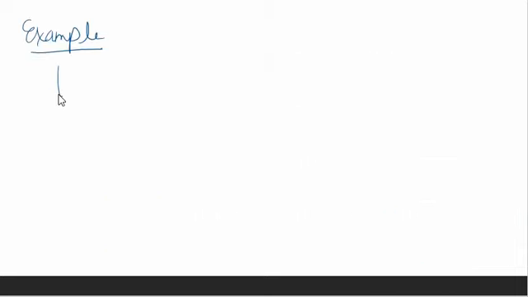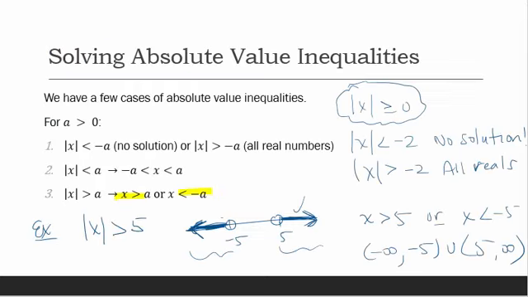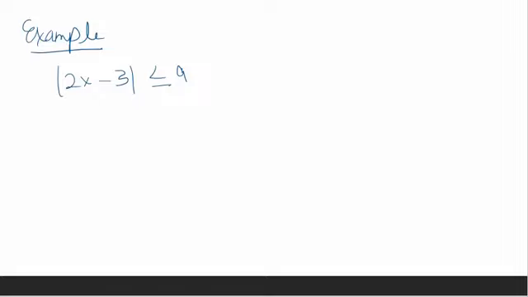So an example, if I have the absolute value of 2x minus 3 is less than or equal to 9. Okay, I recognize which one of those properties it resembles. To me it looks like the second one. So what we're going to do is rewrite this as a conjunction, x is between some different numbers.